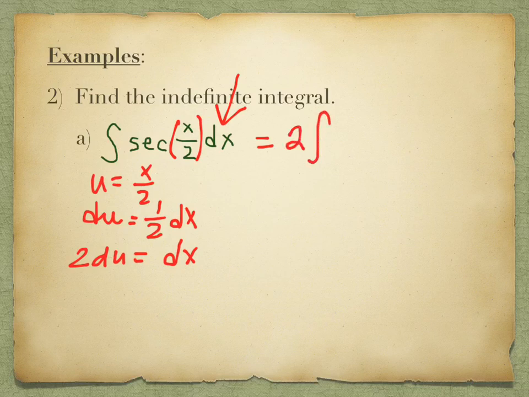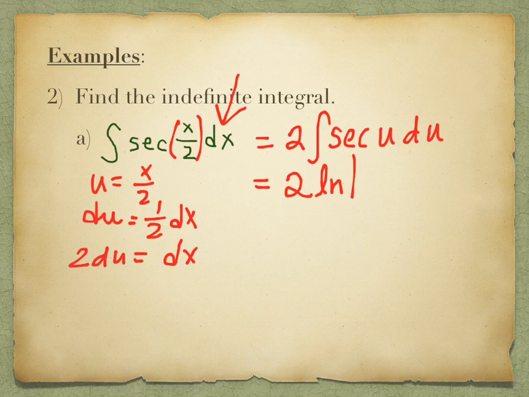I've got my integration symbol, secant of u du. So the 2 stays because it's a constant multiplier. And then I just gave you a closed form, that means an actual rule for what the antiderivative was of secant. So if you flip back to the page before, you'll see a secant there. And it is the natural log of the absolute value of secant of u plus tangent of u, close my absolute value, plus c.